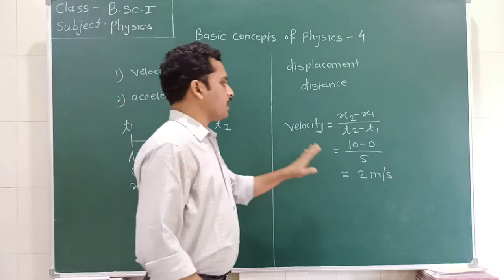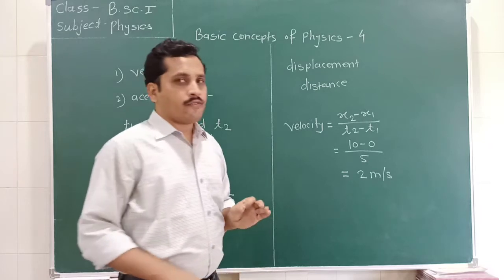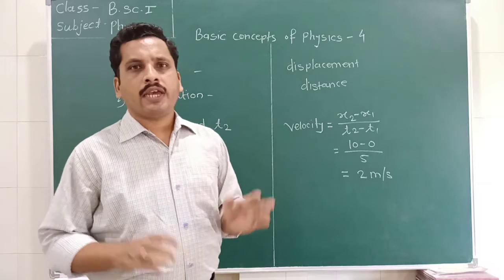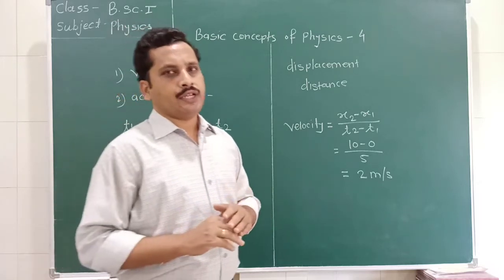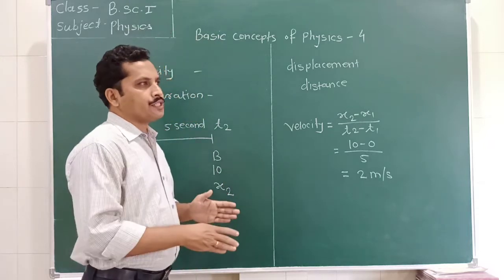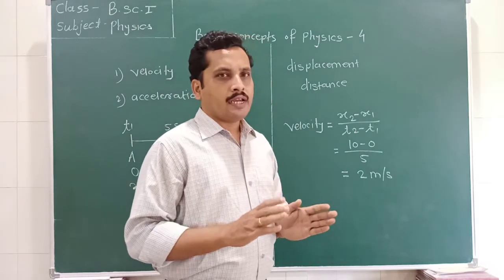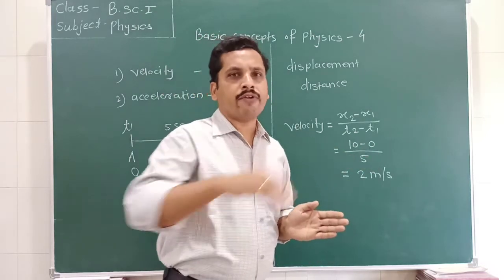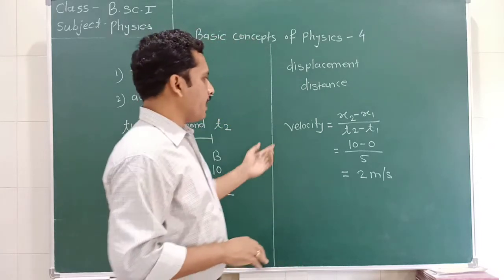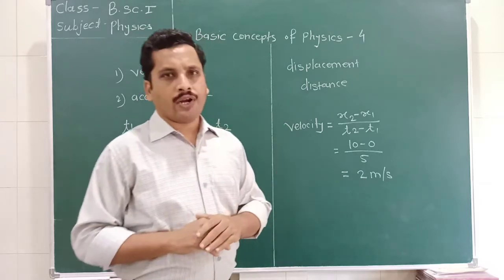This is called velocity. As displacement is a vector quantity, velocity is also a vector quantity, which means it depends upon the direction. If we are going in the forward direction, the velocity is positive, but if the motion is reversed, the value becomes negative. So velocity depends upon the direction and therefore it is a vector quantity.